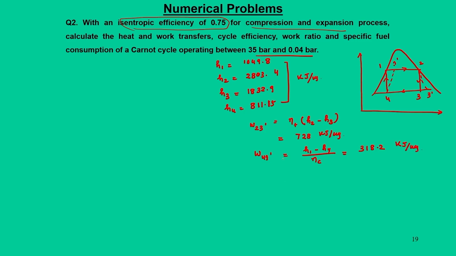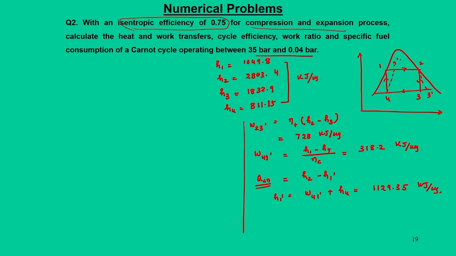Then we require Q in, which is H2 minus H1 dash, but we do not know H1 dash. We can calculate H1 dash from this actual compressor work, W4 1 dash, plus H4, and this number is 1129.35 kilojoule per kg.